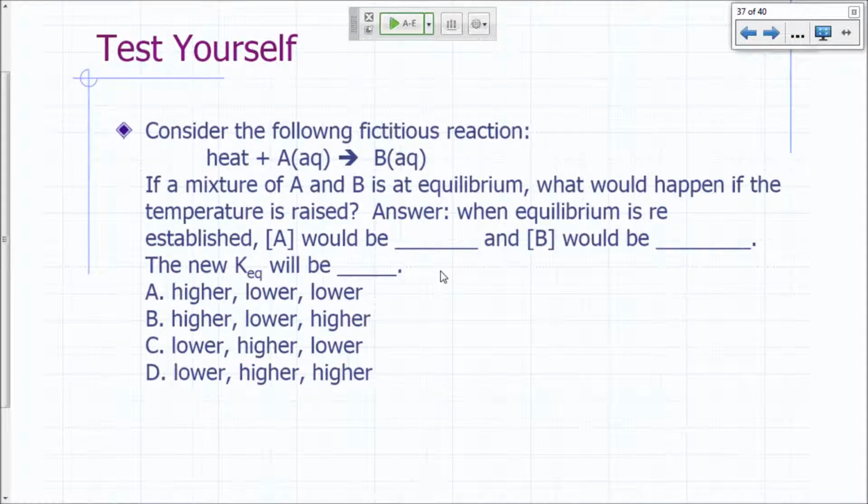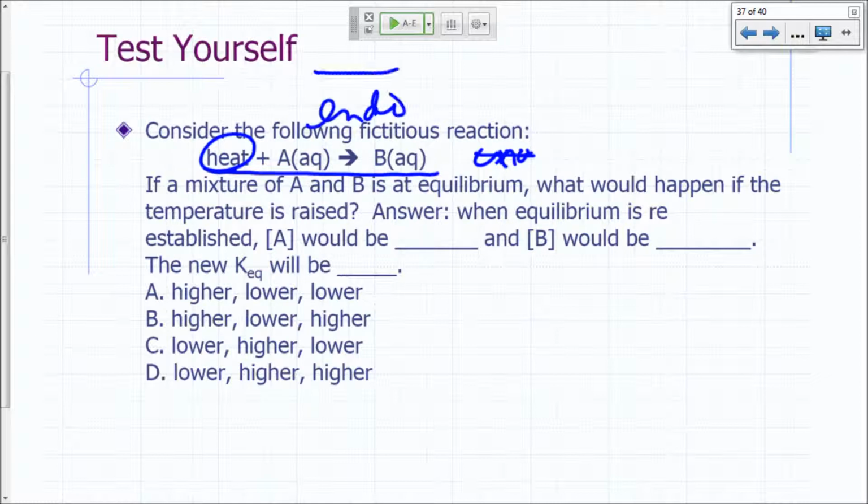So let's look at these questions then. If you have this reaction, a fictitious reaction, is this exothermic or endothermic? Heat's on the reactant side. So that means it's endothermic, right? It's endothermic going forward. It's exothermic going in reverse. Okay? So if a mixture of A and B is at equilibrium, what would happen if the temperature is raised?